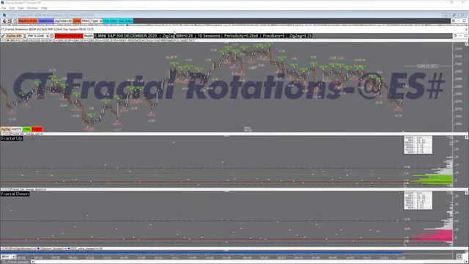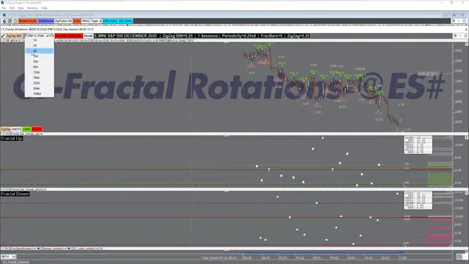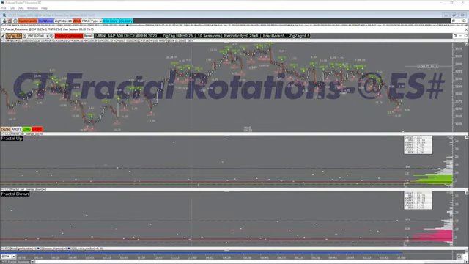This is the ES using 10 sessions, 10 trading sessions, so a shorter time frame, less than a month, usually a month. In whatever time frame, I can switch the time frame to, oh, no, I want 10 sessions, and I can switch the time frame to 1 minute.